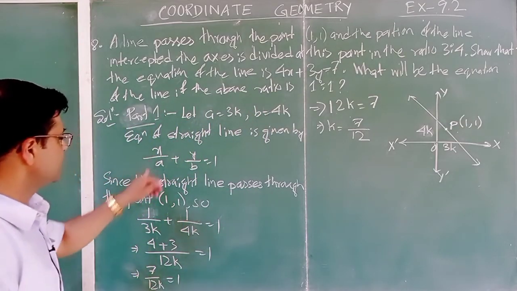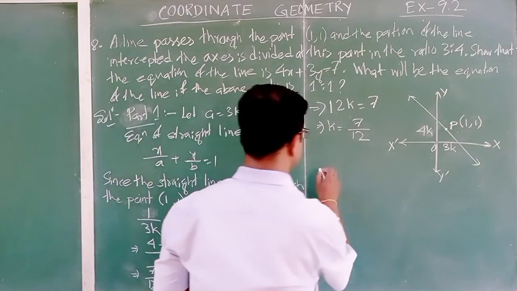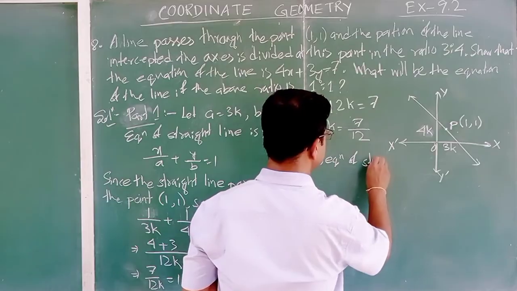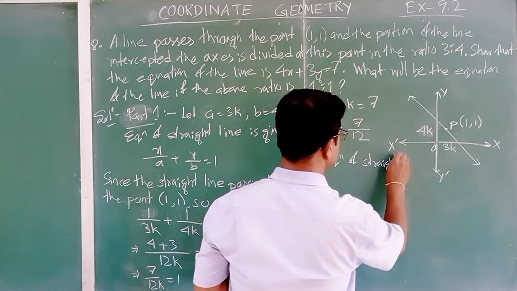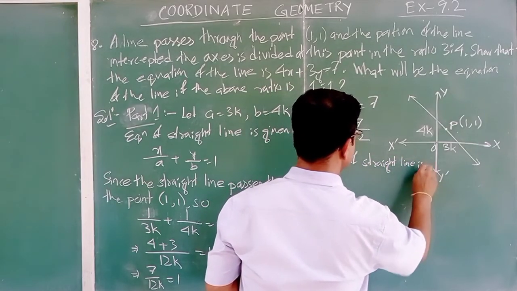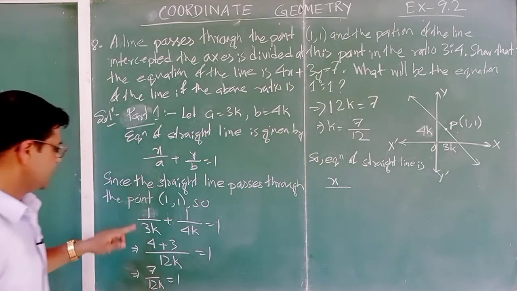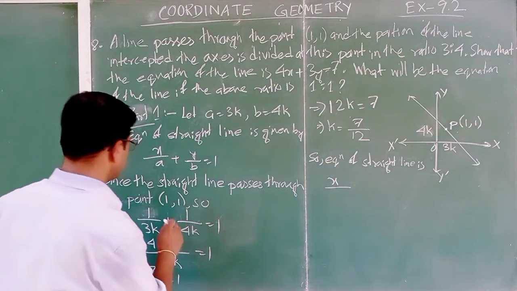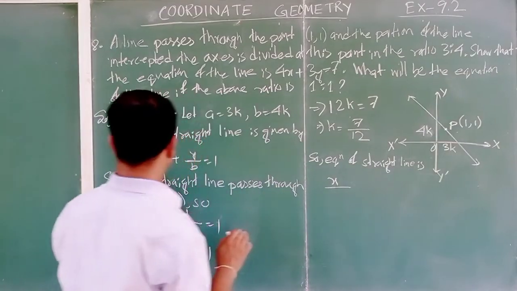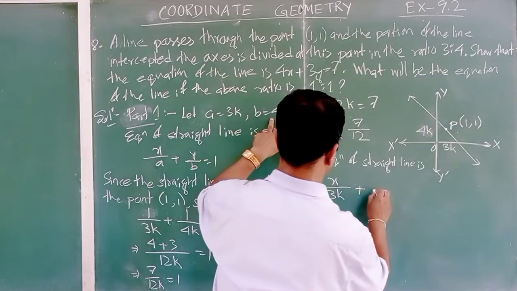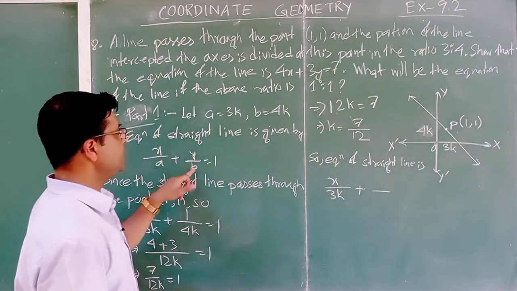Now let us find the equation of the straight line. It is x/a + y/b = 1, where a is 3k and b is 4k.